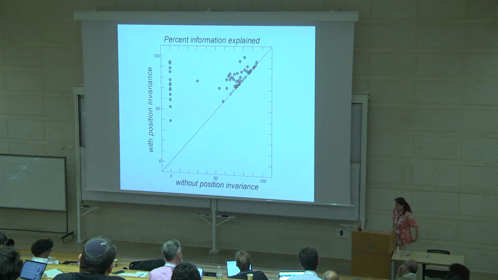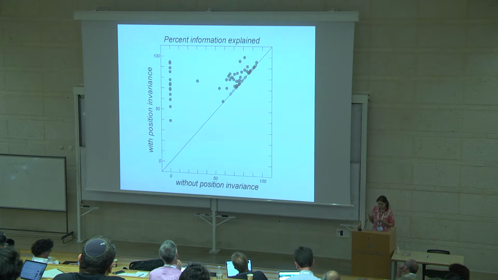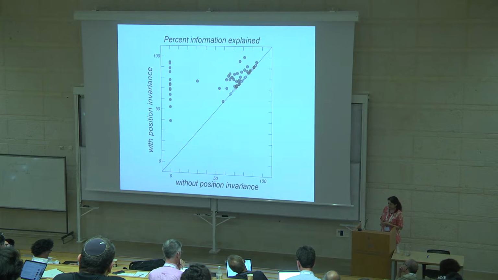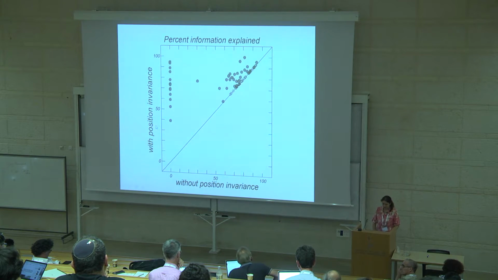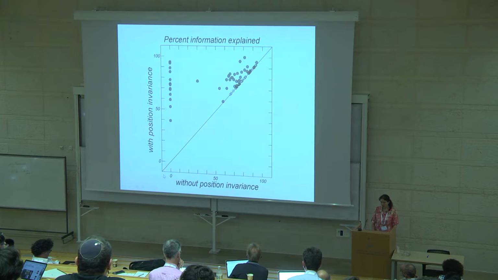First, we found that adding position invariance improved the predictive value of the model on a novel piece of data. I characterize the predictive power in terms of information explained, but we can use other measures as well. What's important on this graph is that the predictive power of models with position invariance is essentially always greater than models without position invariance.